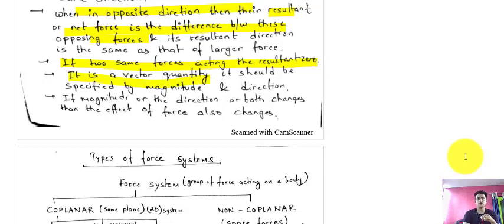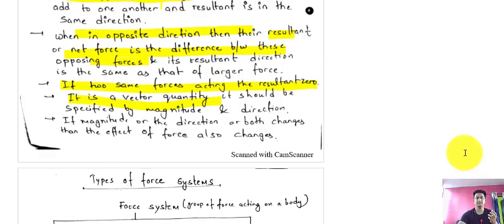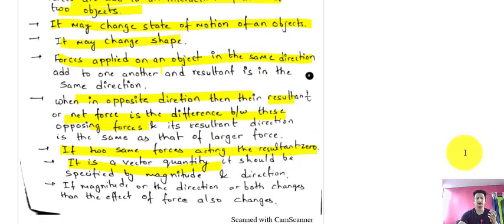Now force is a vector quantity, that has been discussed. Why? Because it has magnitude as well as direction. If the magnitude or the direction or both change, then the effect of force also changes. Suppose this 5 Newton force is not able to move the object.